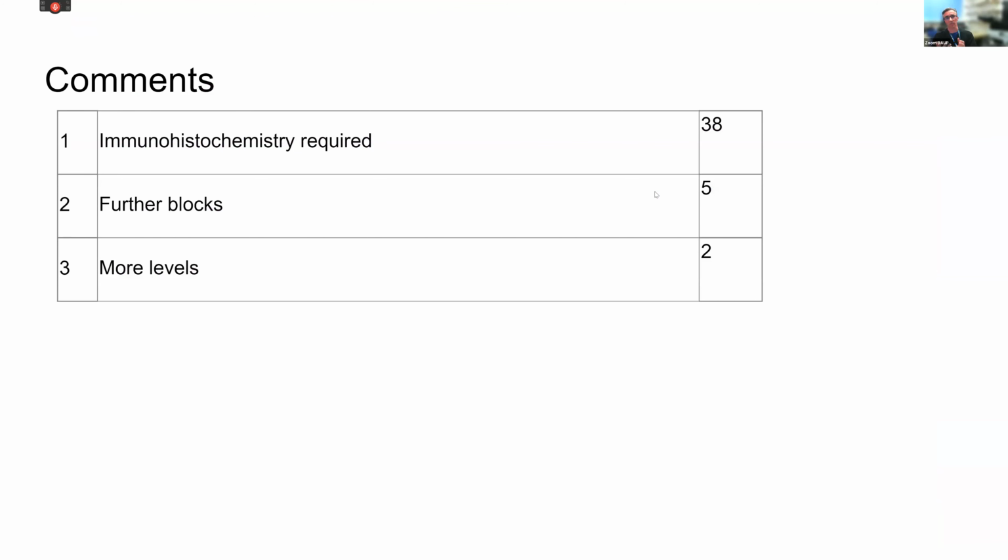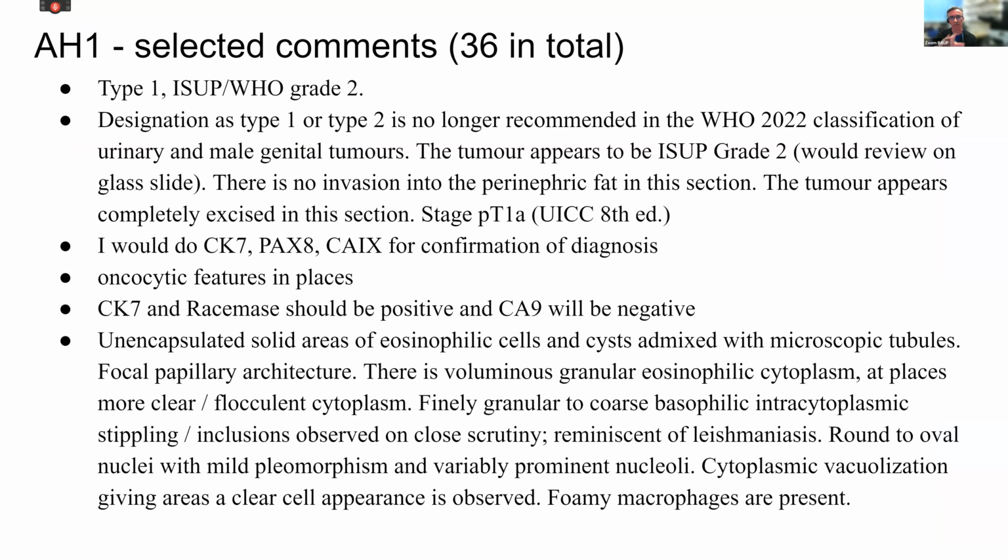Because immunohistochemistry is often used these days, a fair number of people wanted to see more immunohistochemistry. And I've listed the number of comments we had about this case, the 36. So bearing in mind we had over 450 members answer the circulation, this is quite a small number of comments compared to some of the other questions.